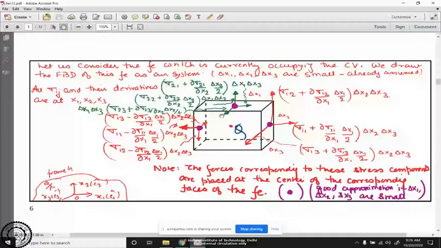So you will have derivatives with respect to 2 of all the components multiplied by delta x2 by 2. So these will be the stress values on this surface. And then the area of this top surface is delta x1 times delta x3. So that's what is appearing here.